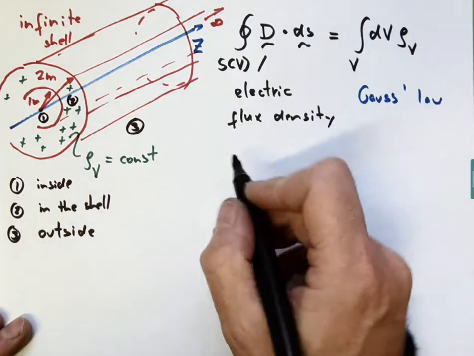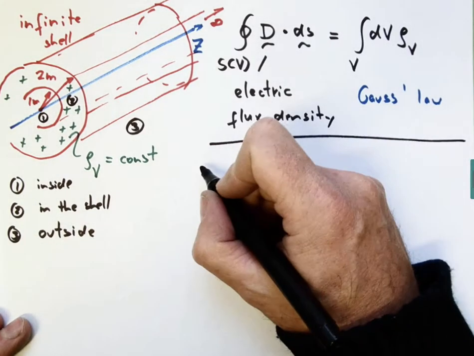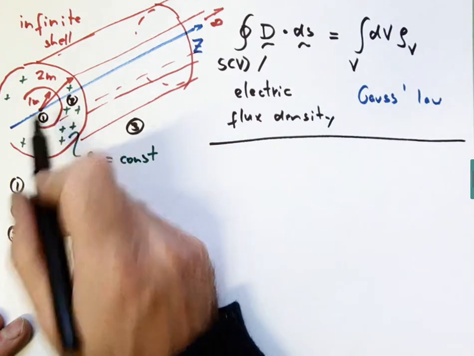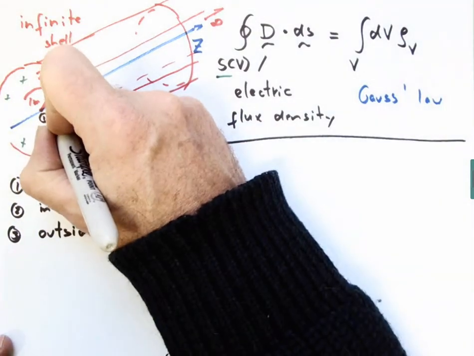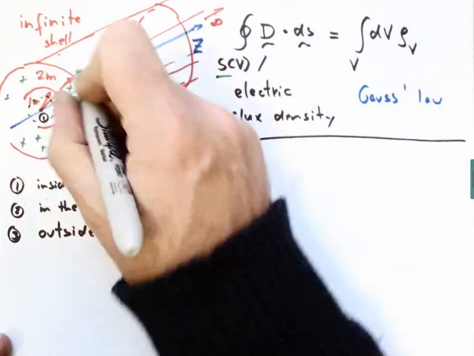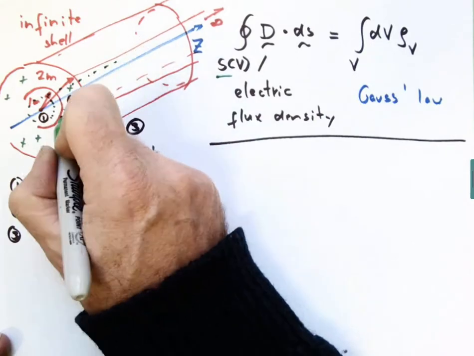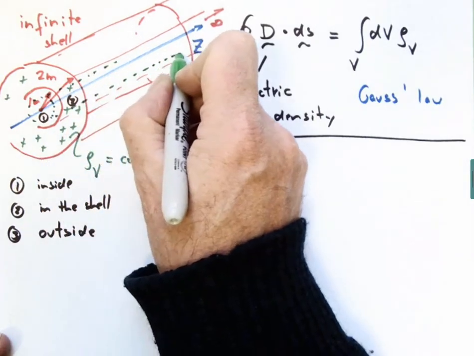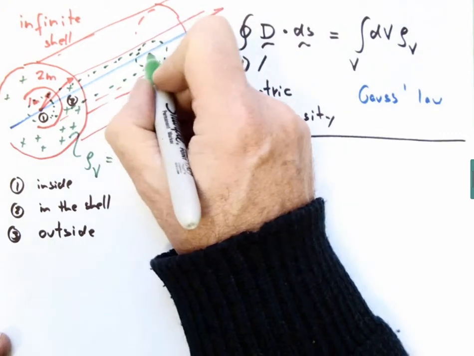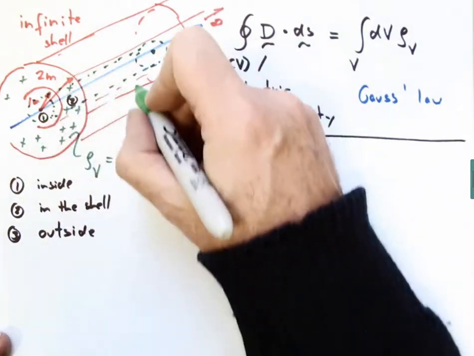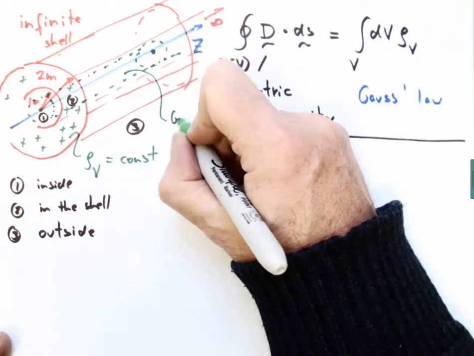The first part we can readily solve, since on the inside of the shell there are no source charges. A virtual Gaussian surface, this surface S, which I might indicate as dots, so I'm drawing a virtual Gaussian surface inside the actual shell.